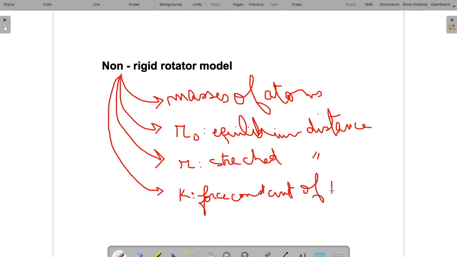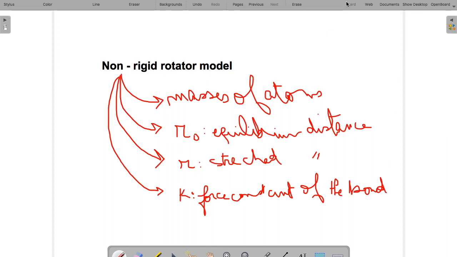So you can tell from a study of spectra what is the force constant that keeps the two atoms forming your molecule in place.